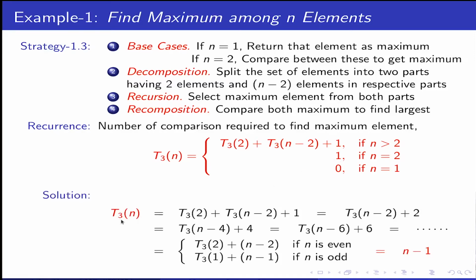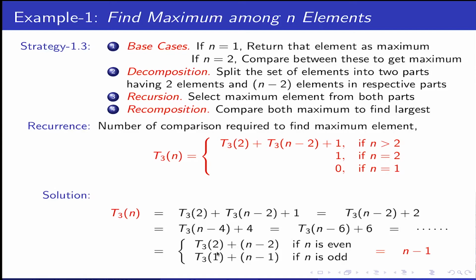If we solve this recurrence, we get that T(n) is equal to T(n minus 2) plus 2, as I predicted, because this is 1. That means T(n minus 4) plus 4, T(n minus 6) plus 6. That's why, if I reach 2, which means n minus 2, this will also be n minus 2. Now if n is even, this results as 1.